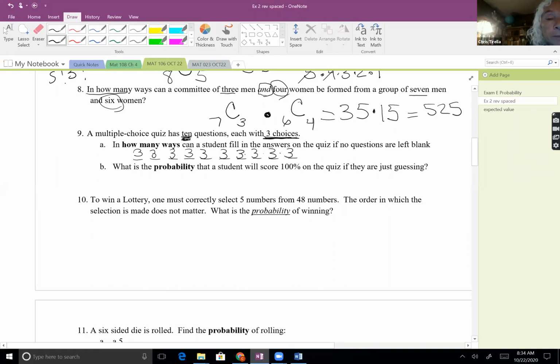And we're going to multiply those. So that gives me 3 to the 10th, which is, wow, 59,049 ways of answering this quiz. And that's going to be my final answer because it says how many.